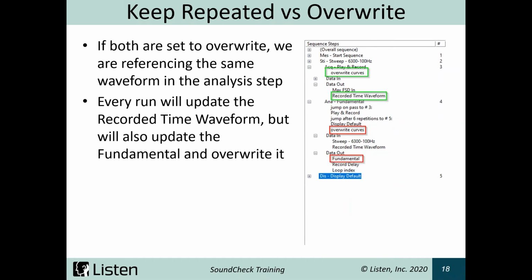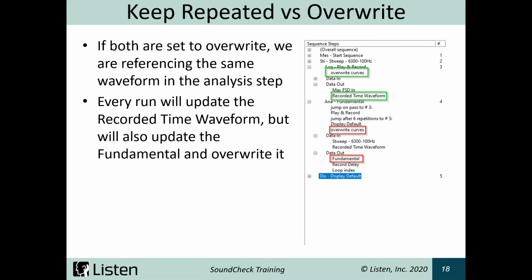So what I could do is configure my acquisition step to overwrite. Now, this is still looping the same amount of times, but every time I'm outputting one waveform called recorded time waveform. If you look in my analysis step, step number 4, it's always inputting recorded time waveform. Great.